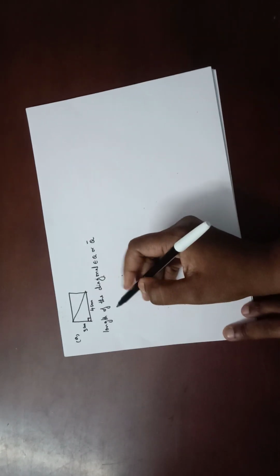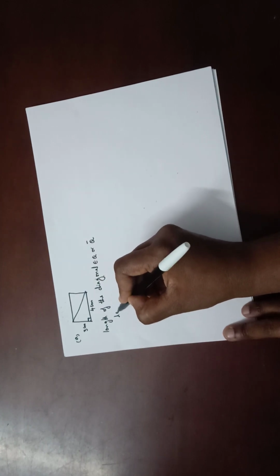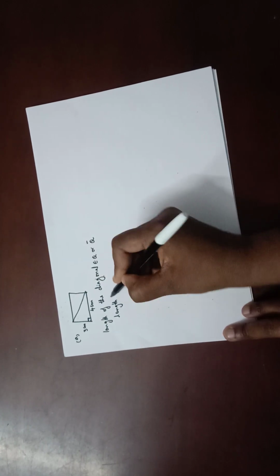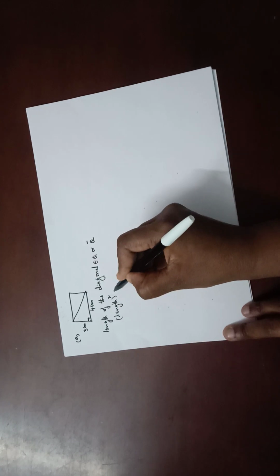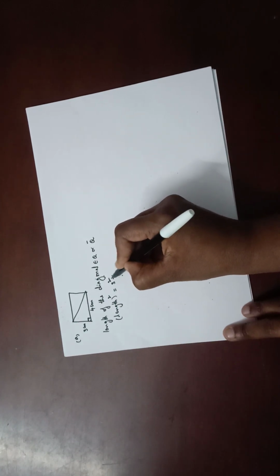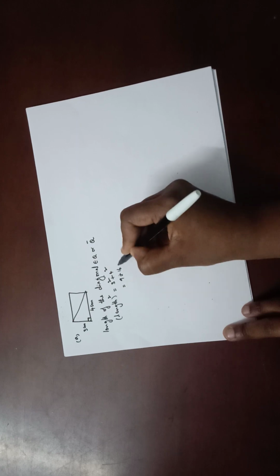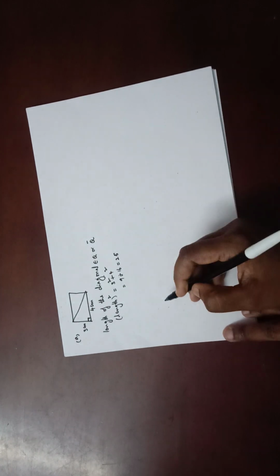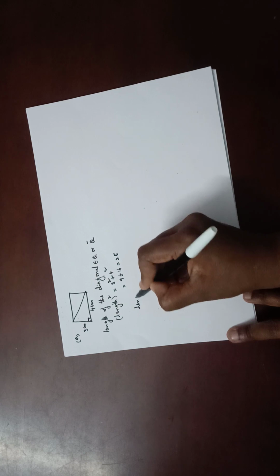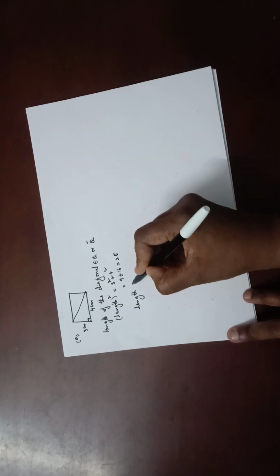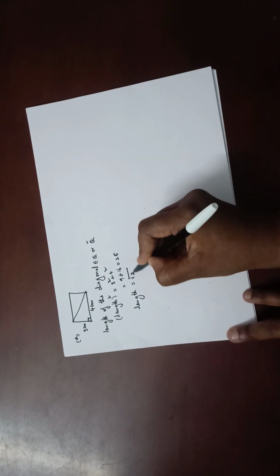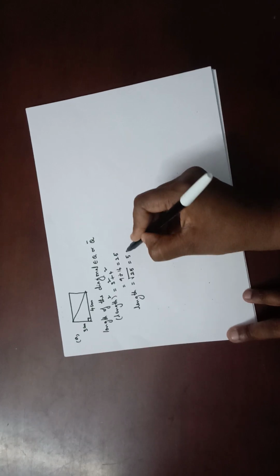So hypotenuse square, which is length square, equals side square plus side square. So 9 plus 16, which equals how much? 25. Now length square equals 25, so length equals square root of 25, that is 5 centimeters.